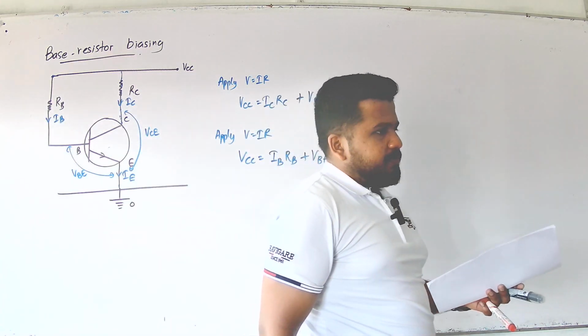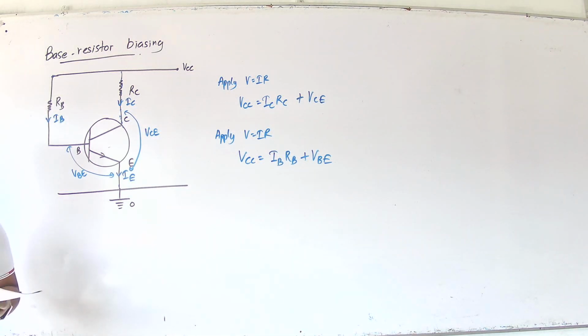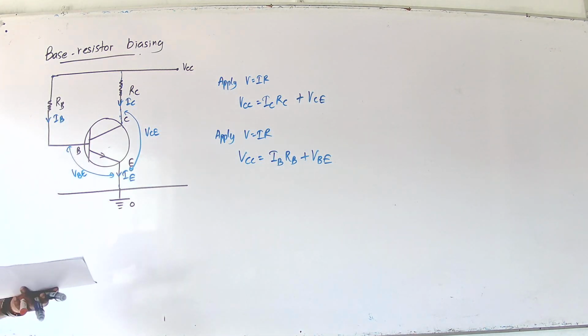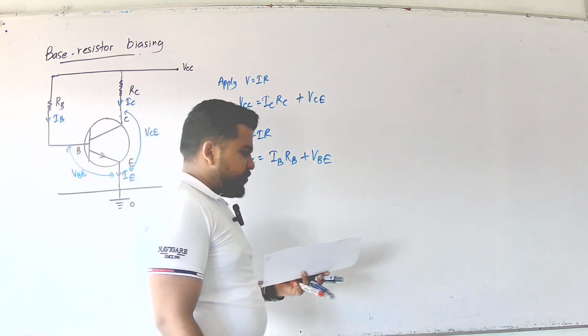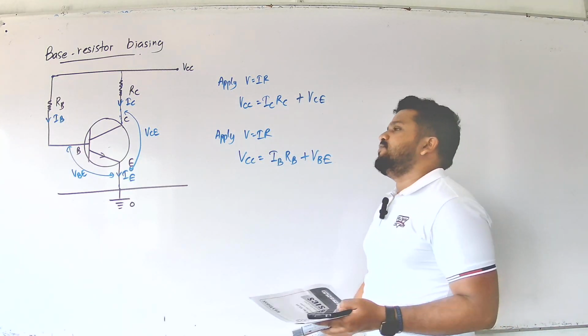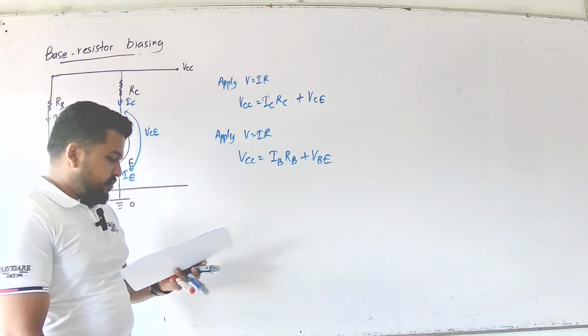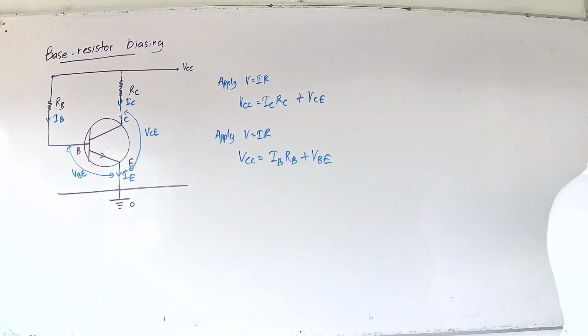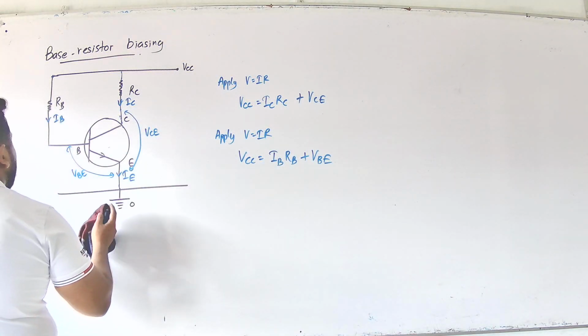An amplifying circuit has to be designed using a silicon NPN transistor of beta equals 100 and a DC supply of voltage 6 volt.